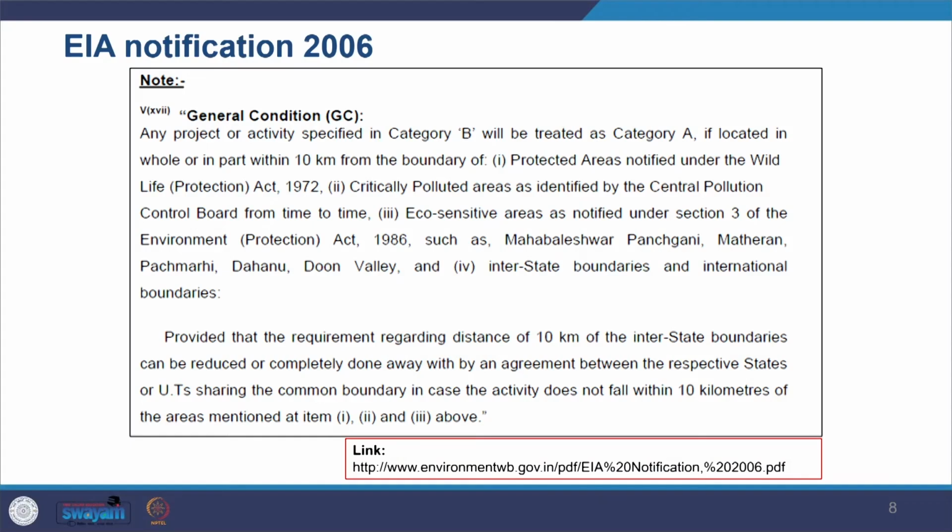Like in India, if you can recollect, we saw the EIA notification 2006. You can see under the schedule that any activity categorized in B will be treated as A if the particular proposed project, partially or fully, comes in the radius of the protected area or eco-sensitive area. So at the screening stage itself, your category will change.